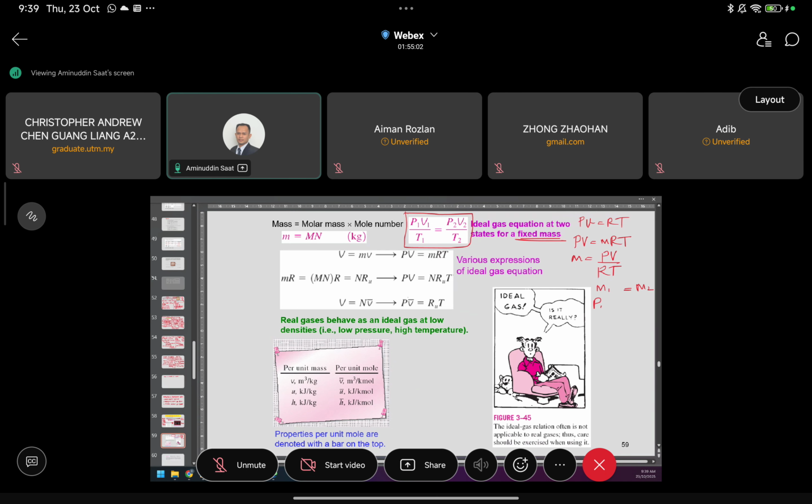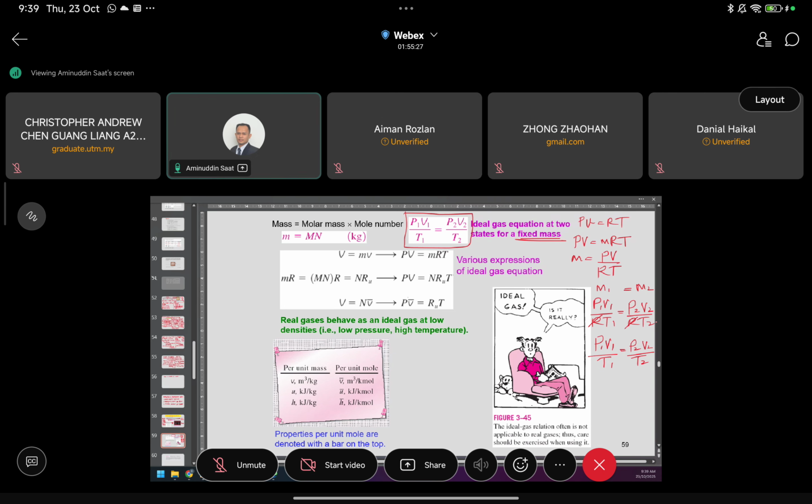So P1V1/RT1 equals P2V2/RT2. Since the gas is the same, the R is cancelled out. P1V1/T1 equals P2V2/T2.